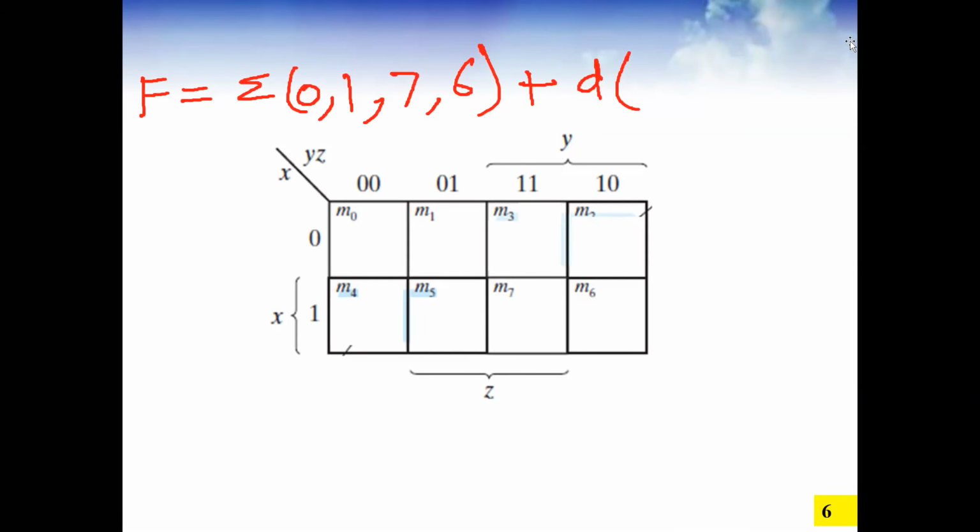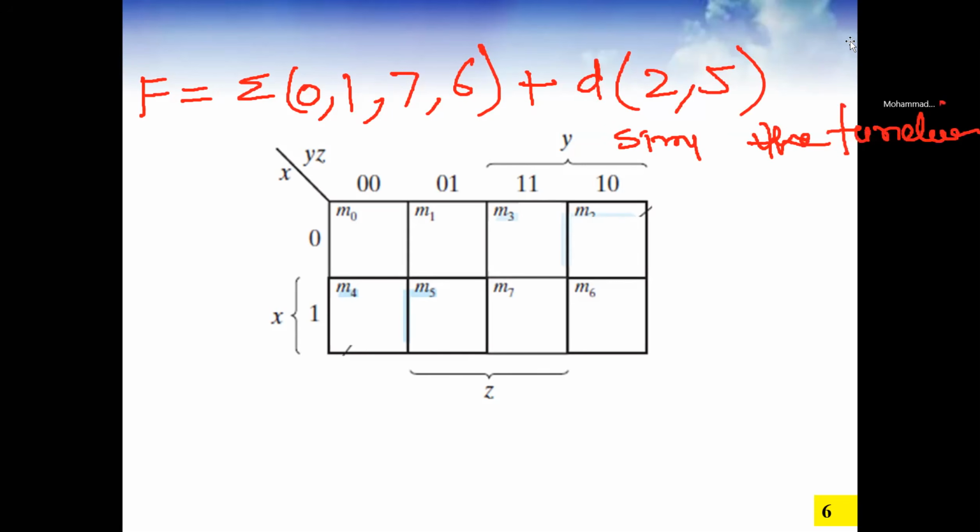Now the question is: simplify the function as a product of maxterms. On maxterms, you will say product of sums.